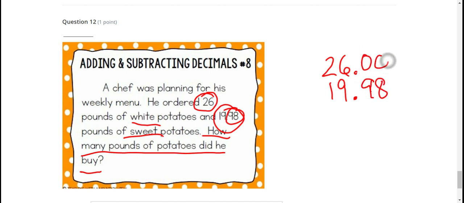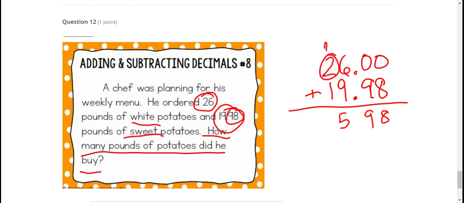And then we fill in the decimal and going to the right to give us decimal place value with the 19 and 98 hundredths. We need the total, so we're going to add. 6 plus 9 is 15, carry the 1. 2 plus 2 more, bring your decimal down, you're going to end up with 45 and 98 hundredths worth of pounds of potatoes.